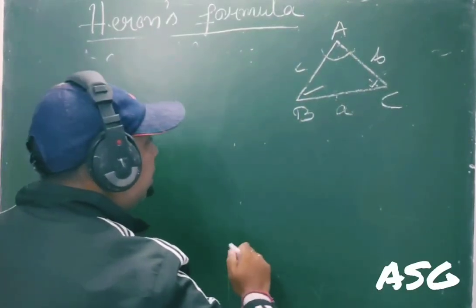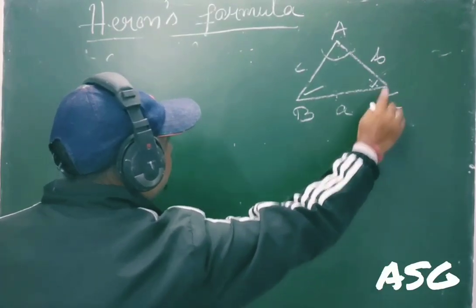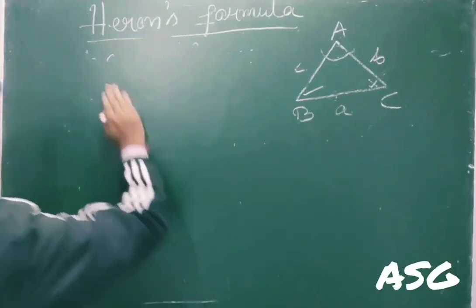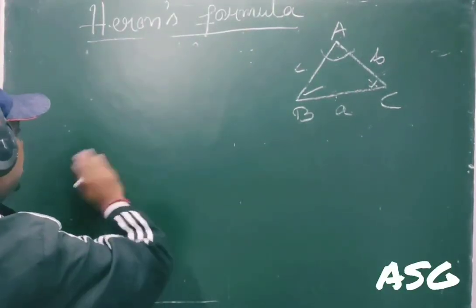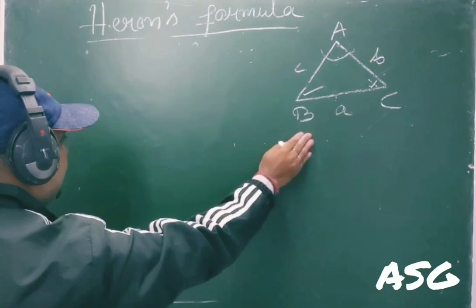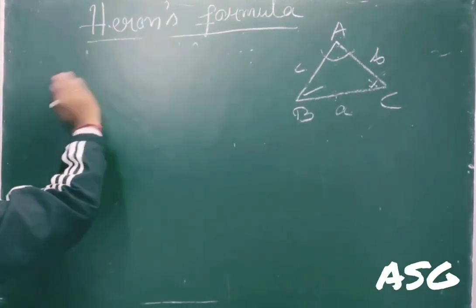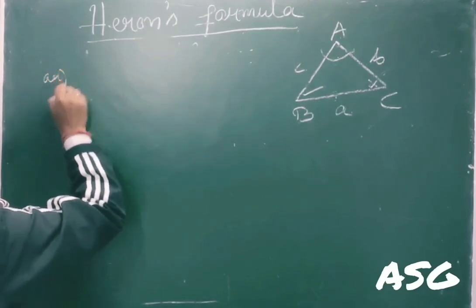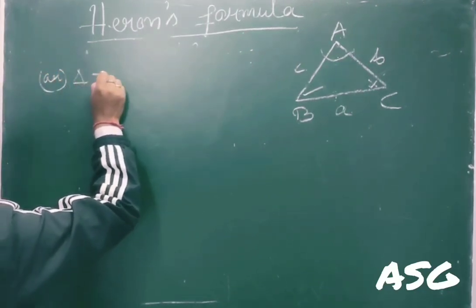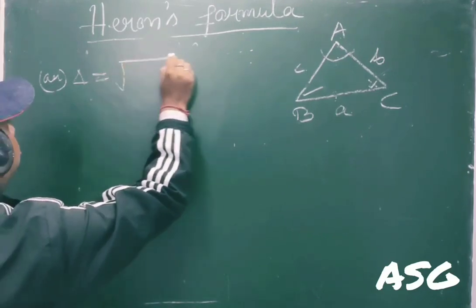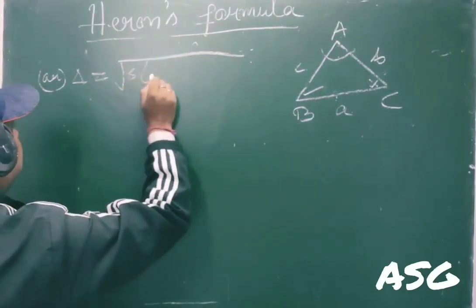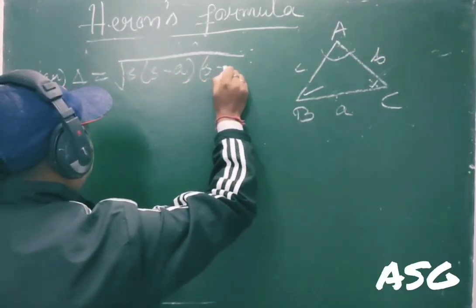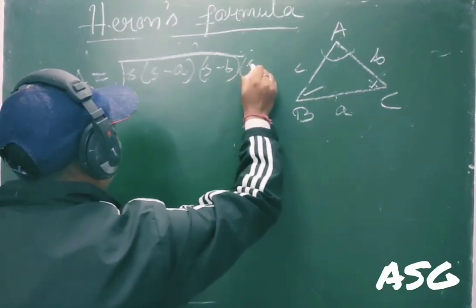So I hope it is clear. A means BC, B means AC, and C means AB. Now, Heron has given the relation for how to find the area of a triangle when the measures of three sides are given. He said that area of a triangle, AR bracket, is equal to root over S into S minus a, S minus b, S minus c.